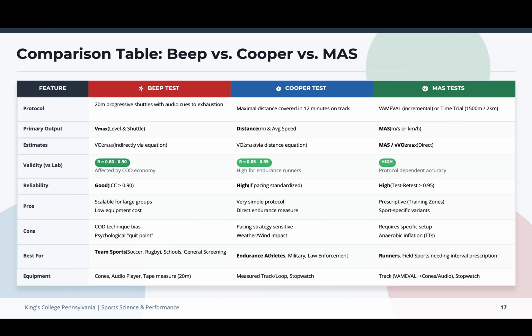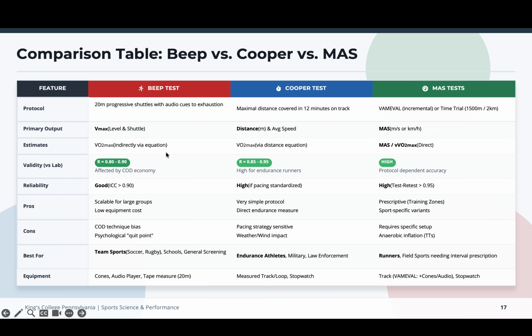This is the comparison table that I put together with the Beep, Cooper and the MAS test. The protocol, we already discussed what the protocols are. As the primary output: VO2 max level on the Beep test, distance on the Cooper test, and MAS on the MAS test.